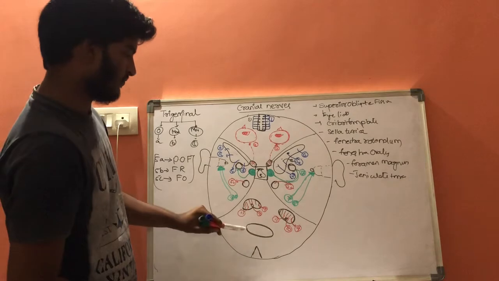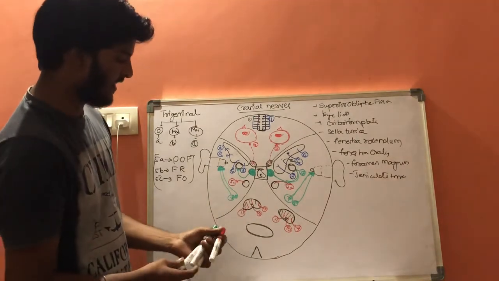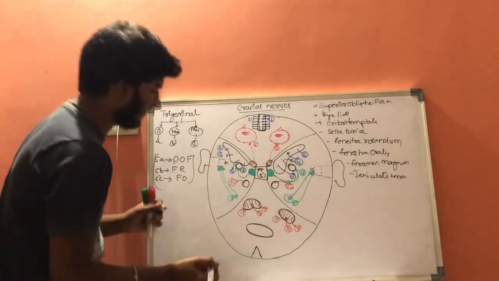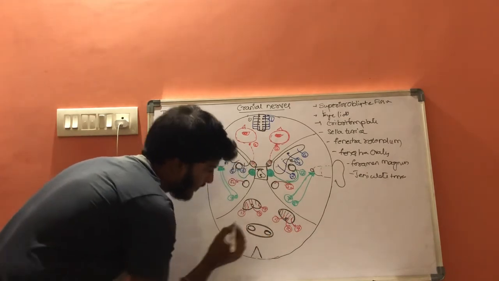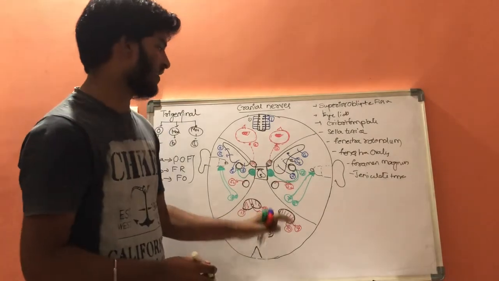Now this is the foramen magnum. This foramen magnum is internally divided into the hypoglossal foramens. These two are the hypoglossal foramens. Up to the 11th pair, the cranial nerves are completed.